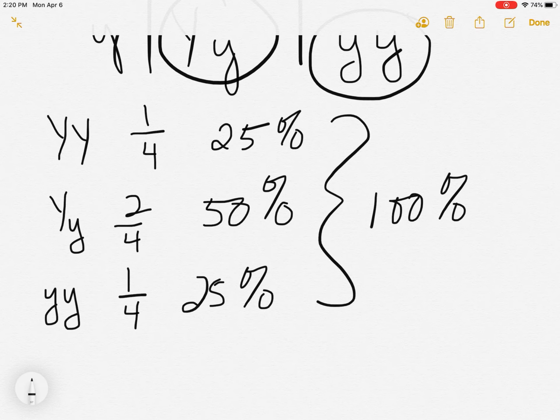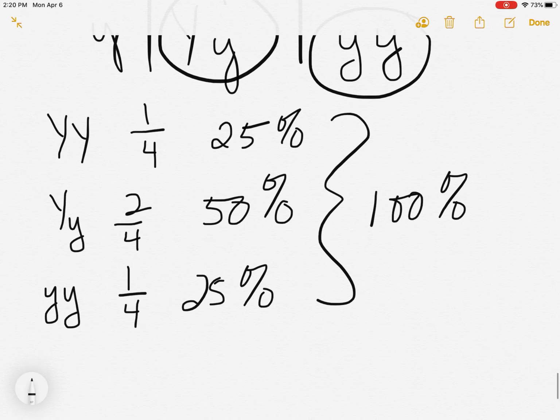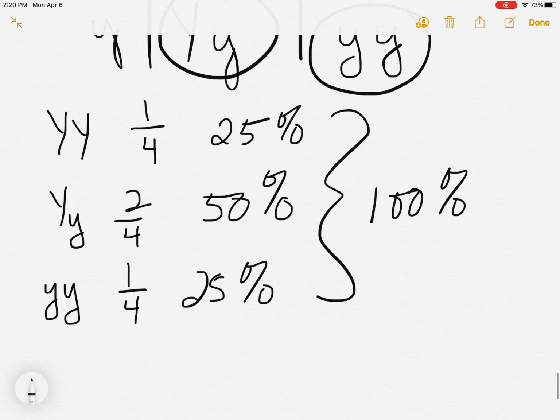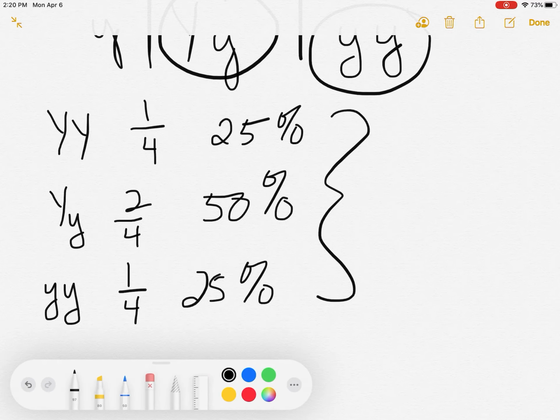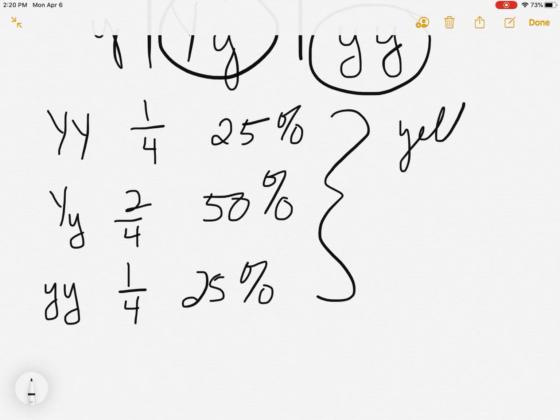But look at the phenotypes. So those are the genotypes, right? Those are the different genotypes and their percentages. They're not all the same, and they're not 50-50. This time they have a different combination, but they're all there. Now let's look at the phenotypes. The top one here, I'm just going to erase that 100% for a second, and we're just going to look at those colors. The top one is yellow.